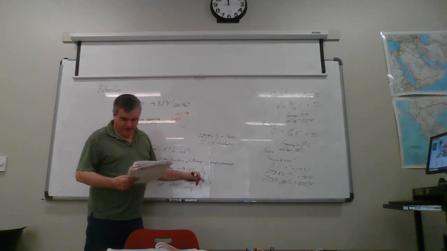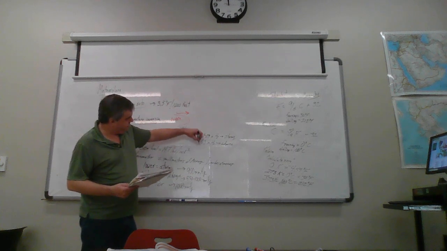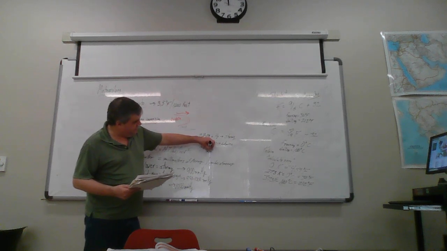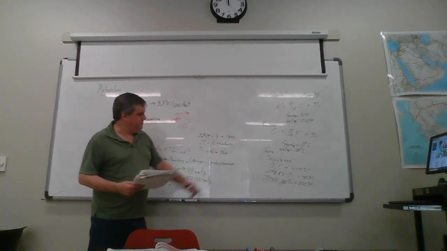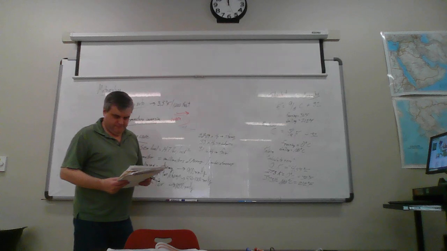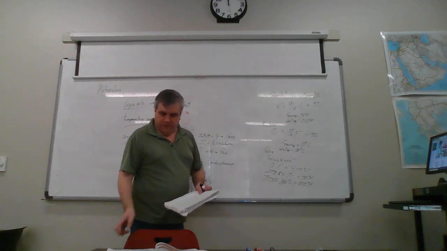Generally fair, still generally stable. 31 inches of mercury, fair weather. And that's how it generally works.